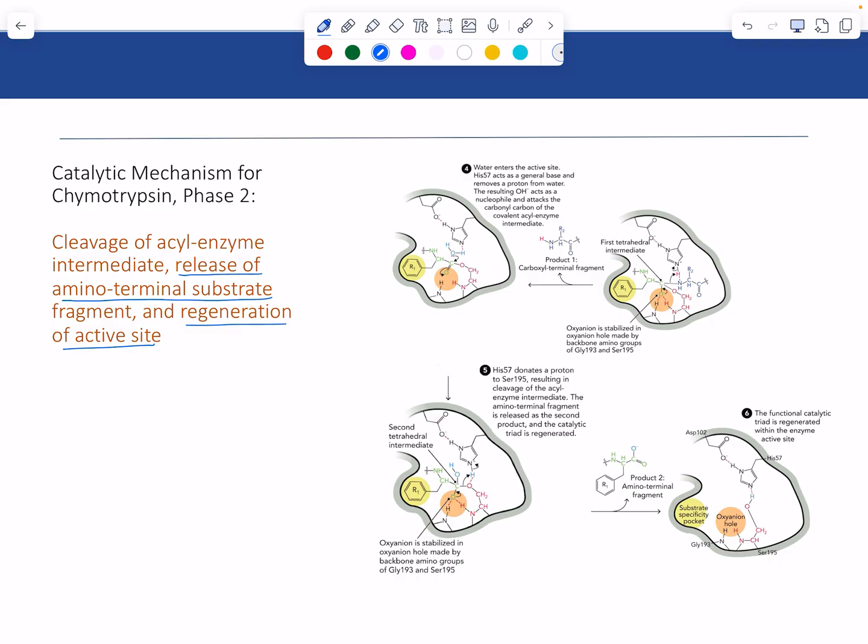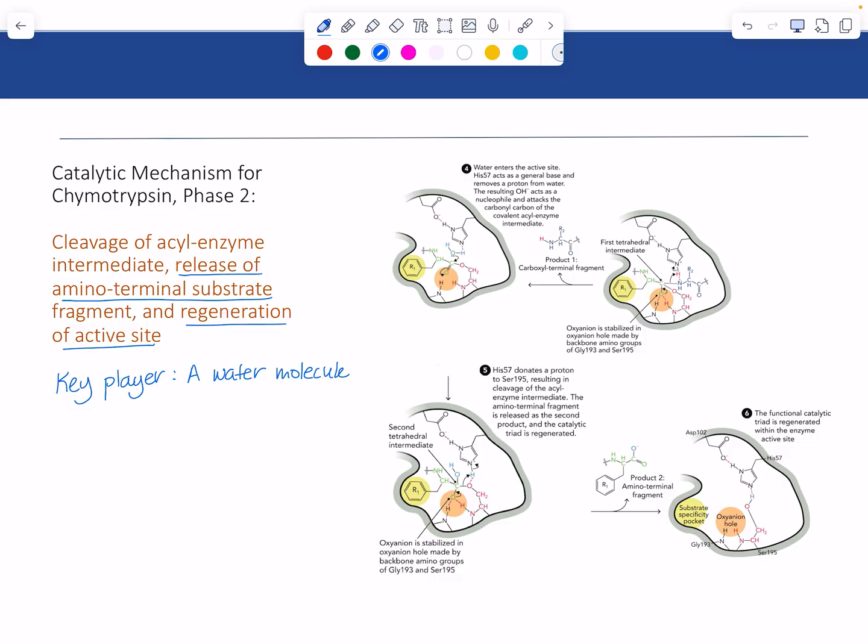And the key player in this is the fact that we need a water molecule to come into the active site. So let's go back. Key player is a water molecule.